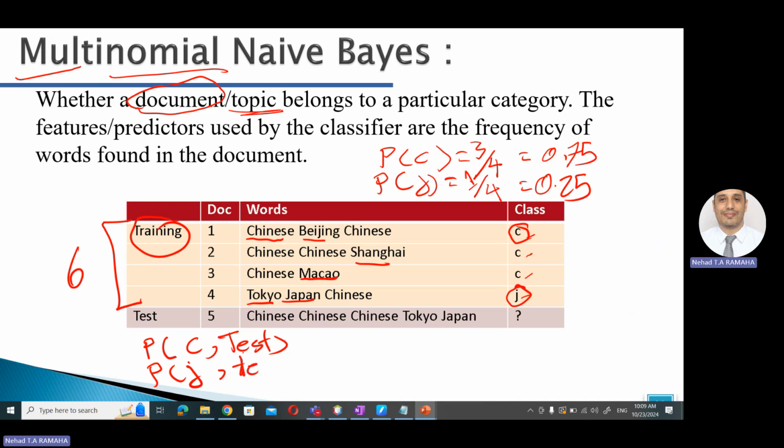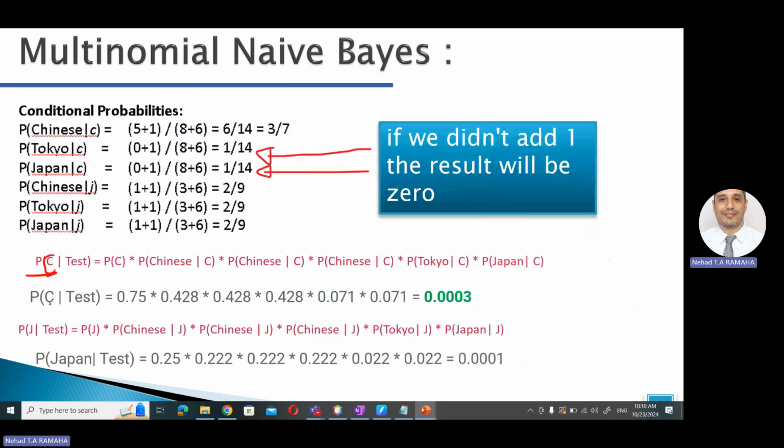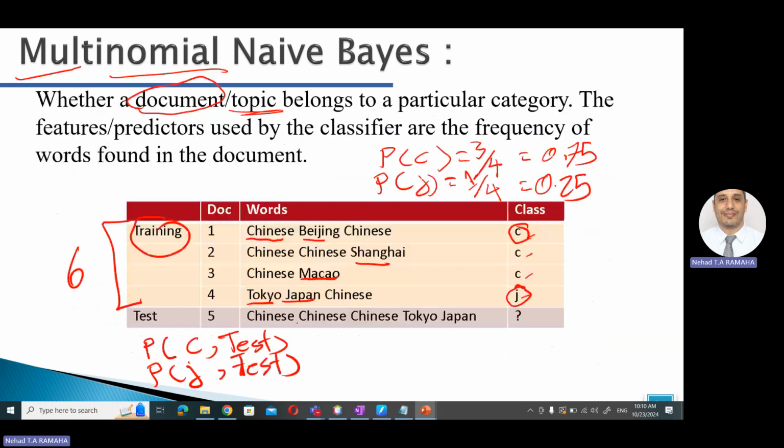This one, we need to calculate it. Okay, so we need to calculate probability of category C for the testing data or category G for the testing data. So how to calculate this one?